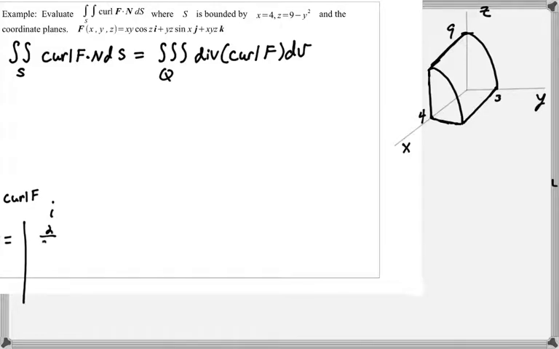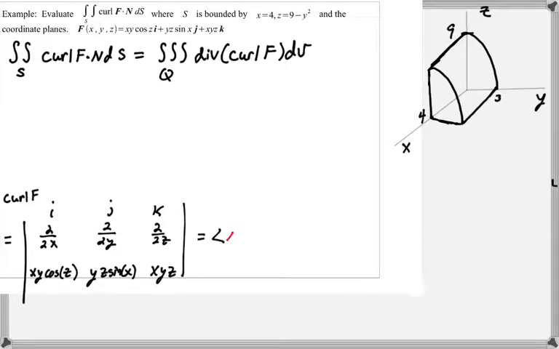So i column, you have differential operator with respect to x, xy cosine z, j column, differential operator with respect to y, yz sine of x, and the k column, differential operator with respect to z, of xyz.